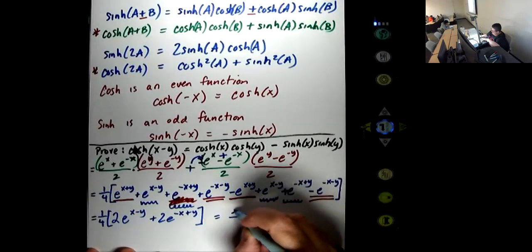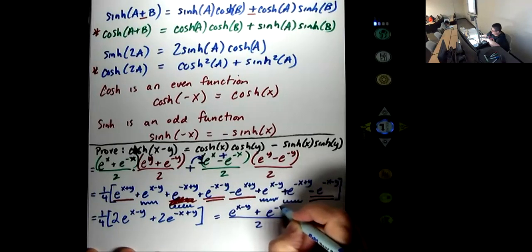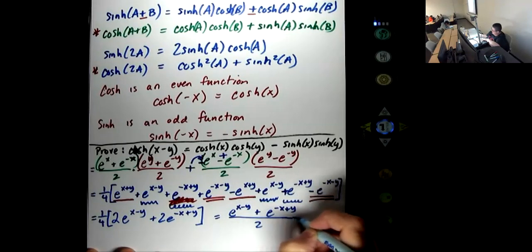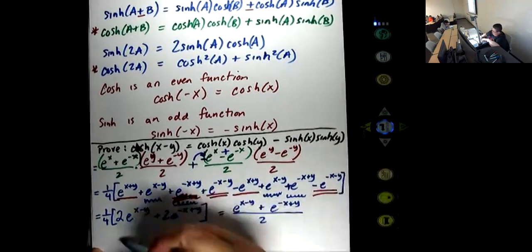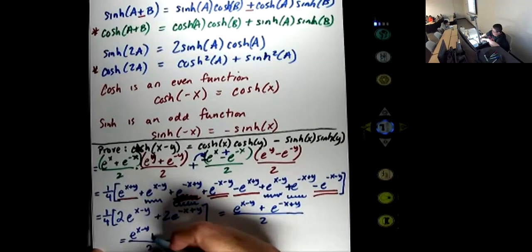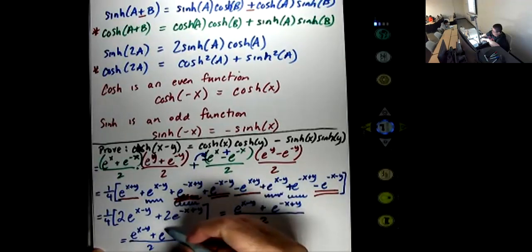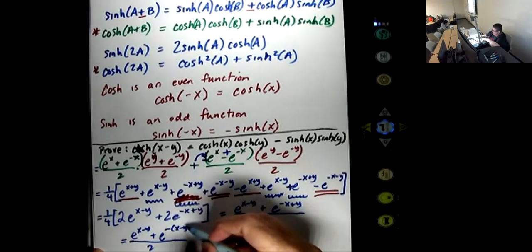And I have e to the x minus y plus e to the negative x plus y. And I'm going to rewrite that. We still have the e to the x minus y. I'm going to factor out a negative on the exponent right here, and that'll be negative x minus y.